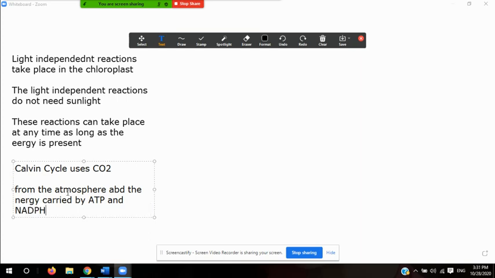Okay, so the Calvin cycle uses carbon dioxide from the atmosphere, and I realized that I really separated them.